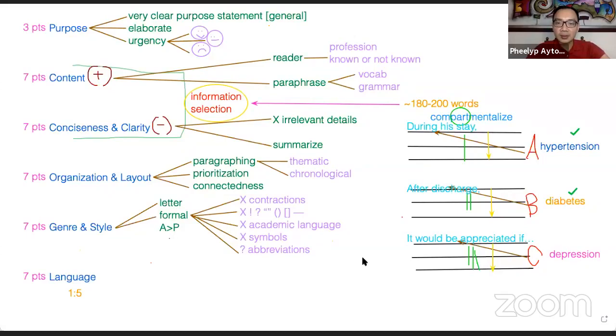For example, we say the doctor prescribed metformin. It's similar but not the same as metformin was prescribed by the doctor. Right?